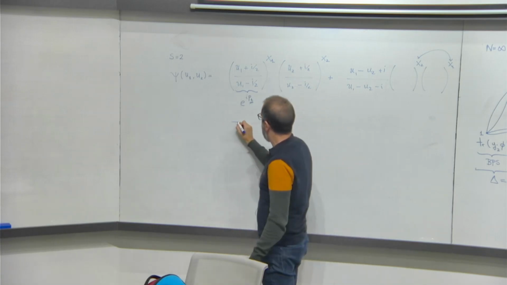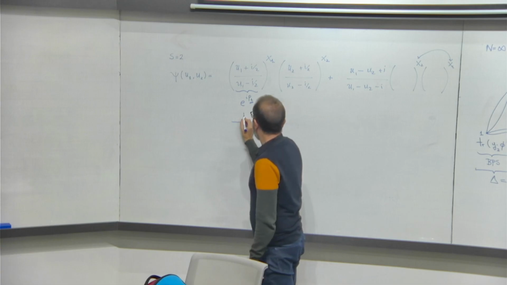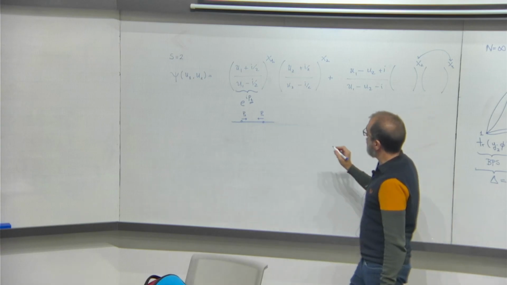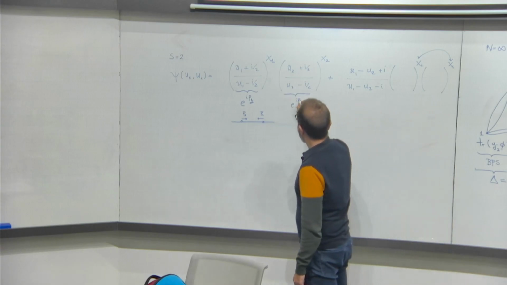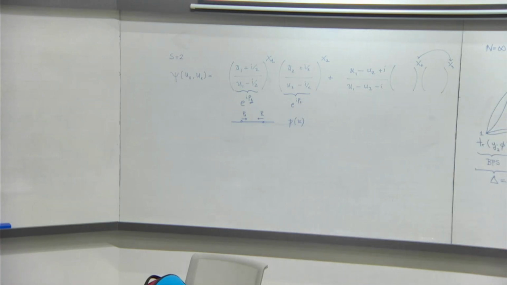So I think I have my excitations, and one of them moves with some momentum p1, the other one moves with some momentum p2. So there is just some simple map that relates p and u. So u is like momentum.